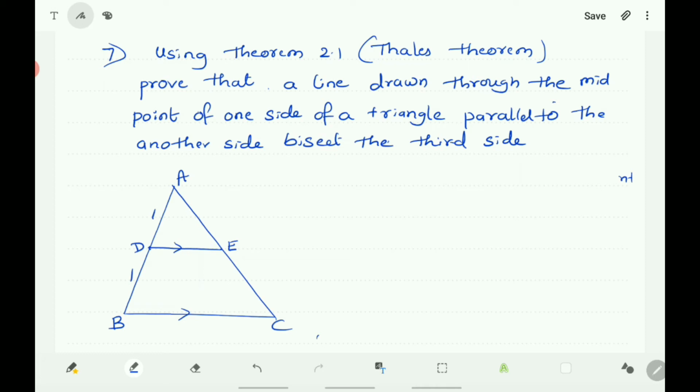And that DE is parallel to BC, and we have to prove that this line bisects the third side. That is, DE bisects the third side, means that you have to prove that AE and EC are equal and E bisects AC. That you have to prove, means AE by EC is also equal to 1:1.